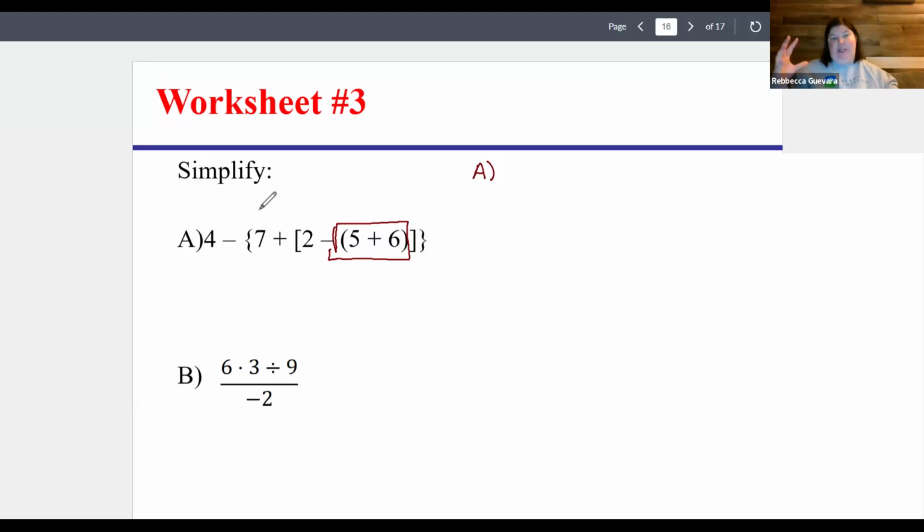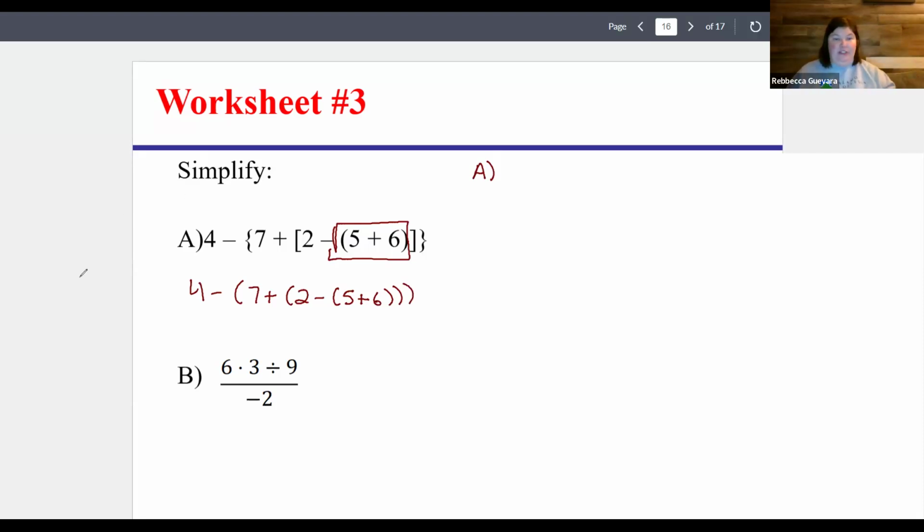We usually do parentheses for the innermost, then brackets for the next part out, and then braces for the next part out. You could also see this though. Just want you to know both of those mean the same thing.